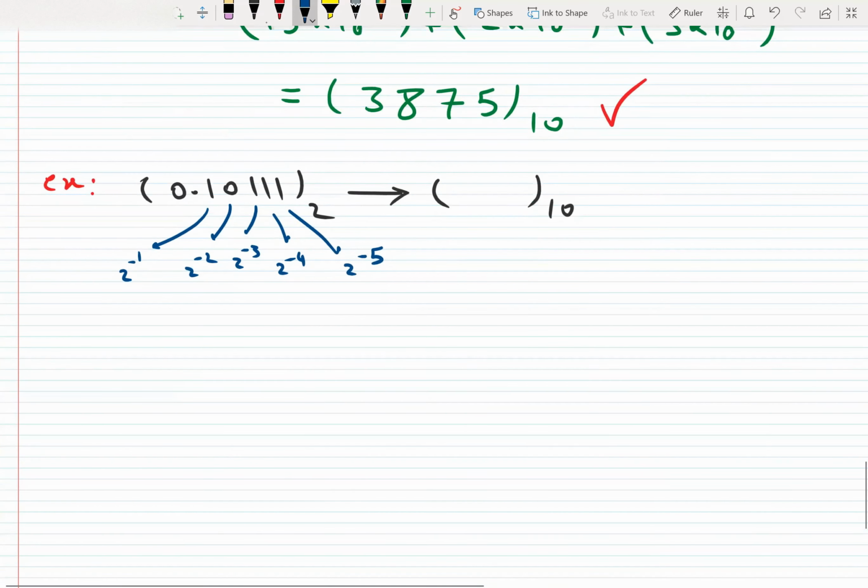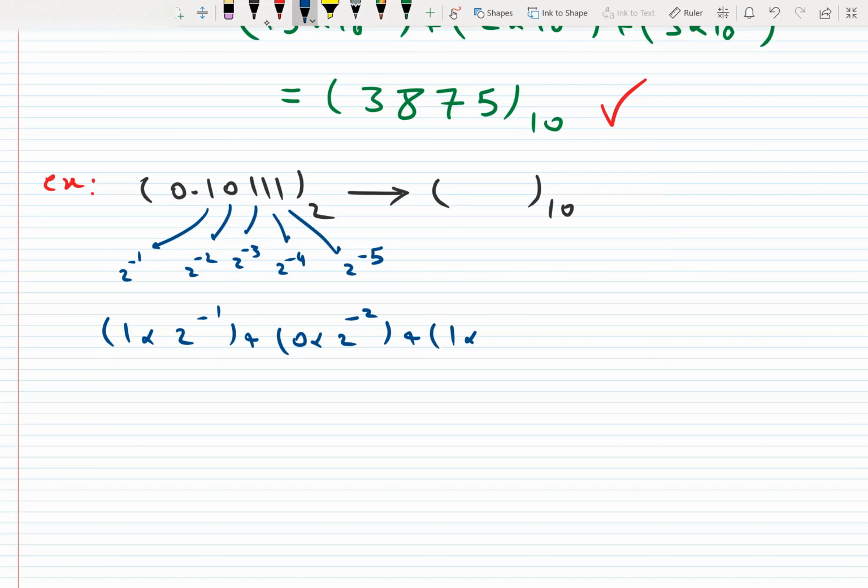Okay, let's do that. So it's 1 times 2 to the power of minus 1 plus 0 times 2 to the power of minus 2 plus 1 times 2 to the power of minus 3 plus 1 times 2 to the power of minus 4 plus 1 times 2 to the power of minus 5.